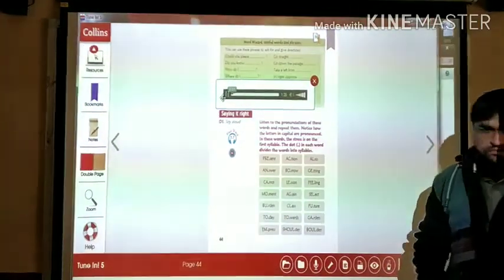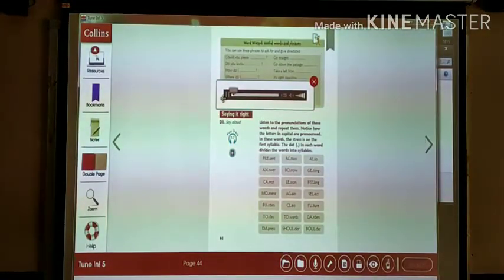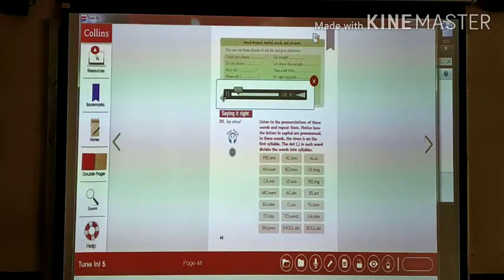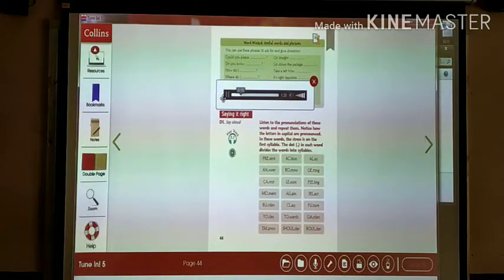Listen to the pronunciations of these words and repeat them. Notice how the letters in capital are pronounced. In these words, the stress is on the first syllable. The dot in each word divides the words into syllables.